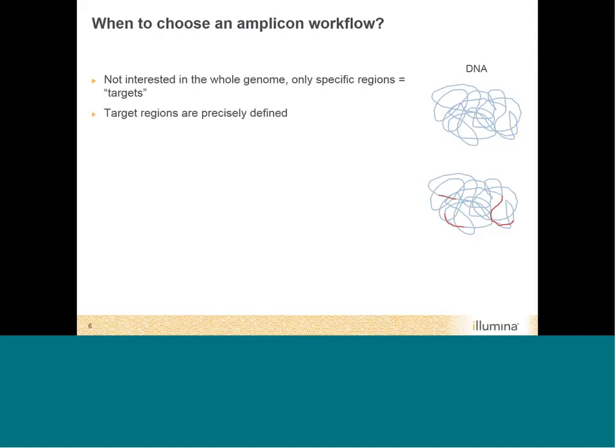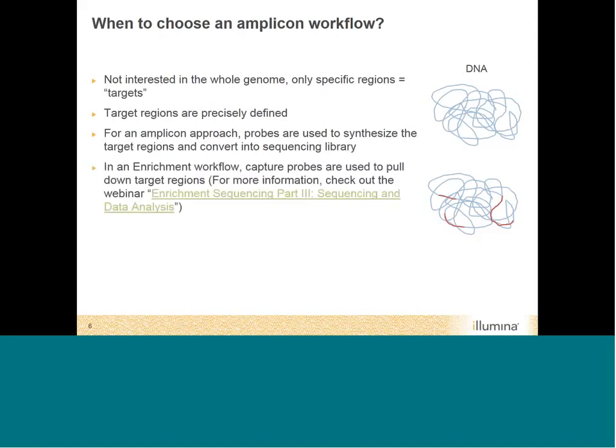So the key is that our target regions are precisely defined, so we need to know what we're looking for. And for the Amplicon approach, we're using probes that synthesize the target regions and thereby convert them into a sequencing library. And that is the key difference to an enrichment type analysis.